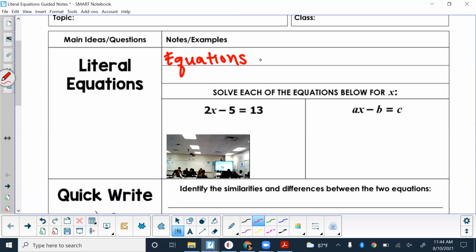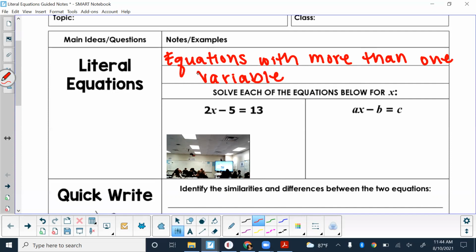All right, those are equations with more than one. No, that's good. Good guess. Equations with more than one variable. All right, so fill that in for the definition. Literal equations are equations with more than one variable.